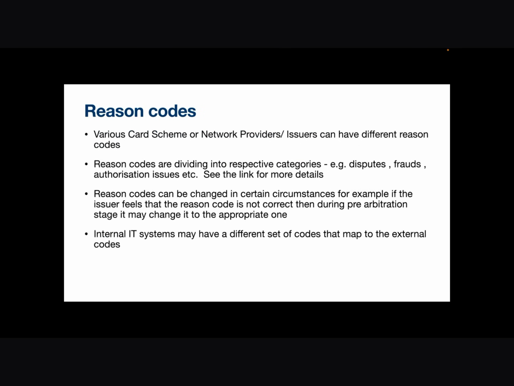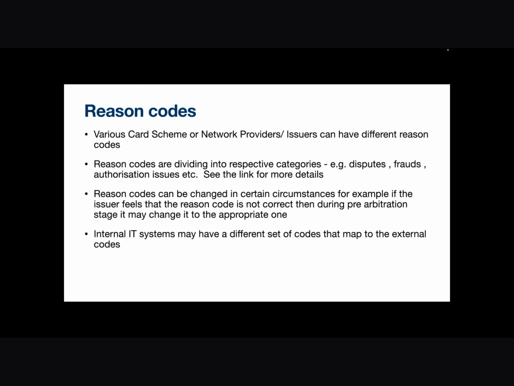So reason codes, I mentioned this in the content. Let's quickly look at some of the bullet points on reason codes. Various card schemes, network providers or issuers can have different reason codes. When you have a disputed transaction, you want to link a reason code to it.